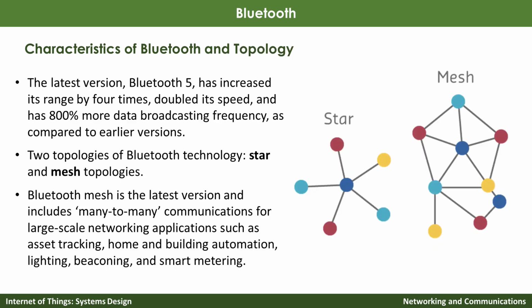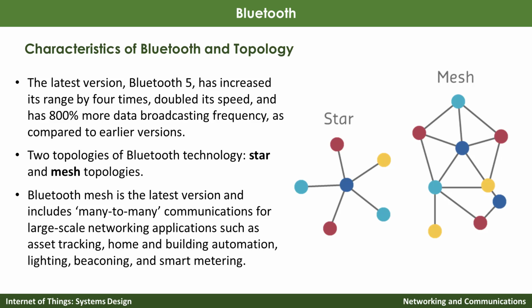The latest version of Bluetooth is Bluetooth 5, which has a range 4 times that of the previous version and doubles the speed. It is 100% more data broadcasting capacity compared to the earlier version. Bluetooth typically uses 2 topologies, star and mesh.